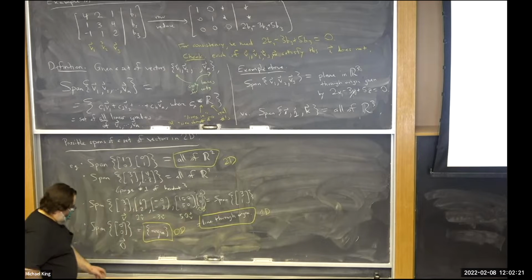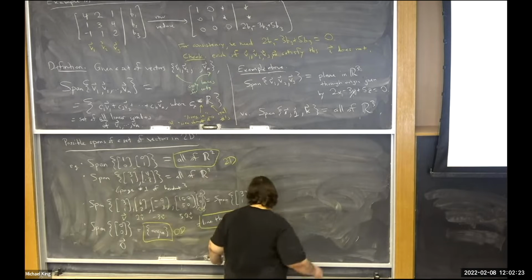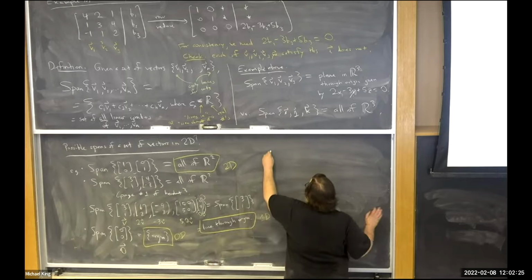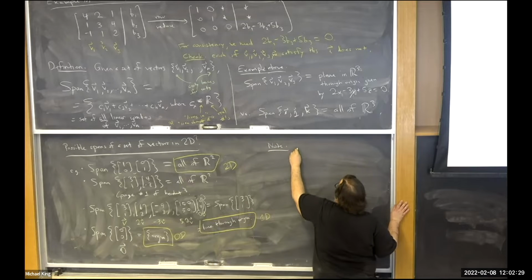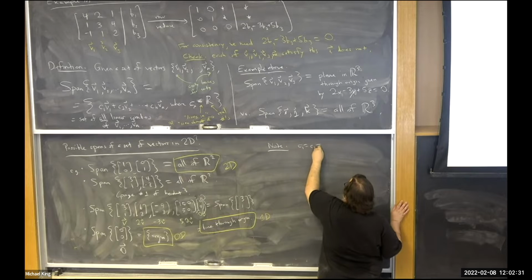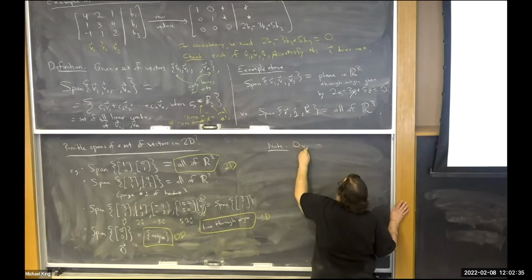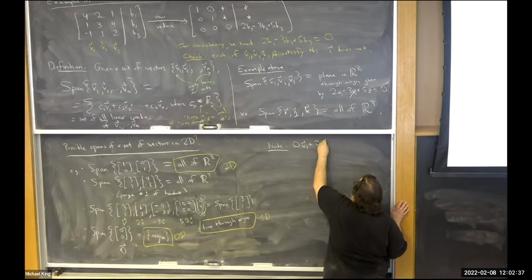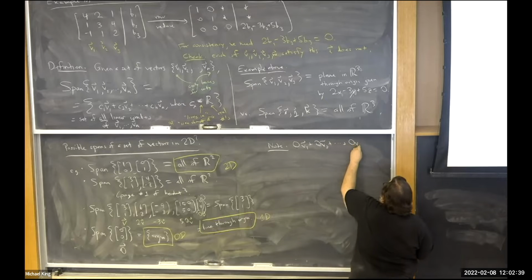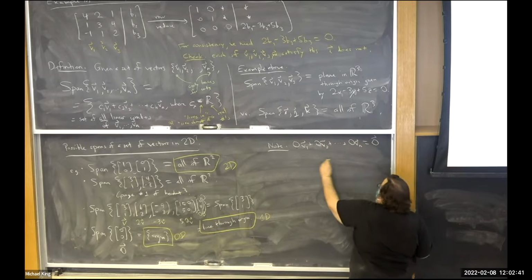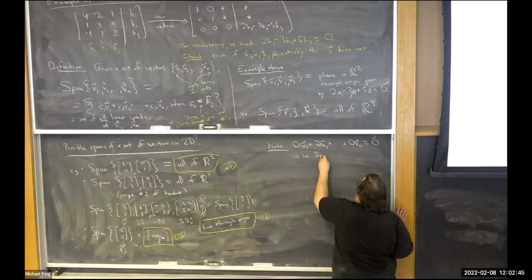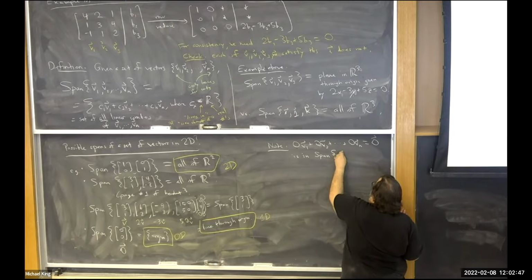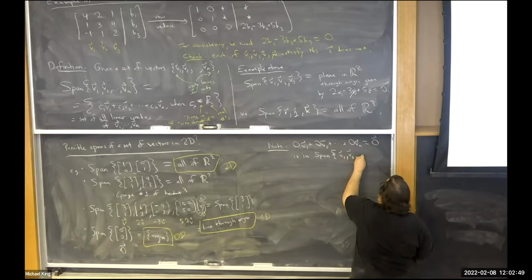Note, if C1 equals C2 equals and so on, equals 0, then 0 v1 plus 0 v2 plus dot dot dot plus 0 vn, which is the 0 vector, is in the span of v1 through vn.